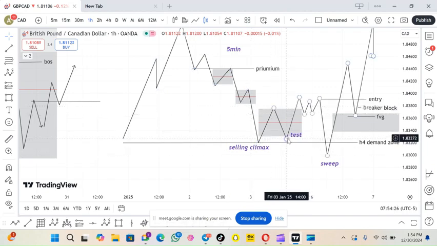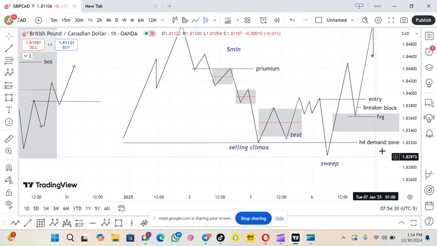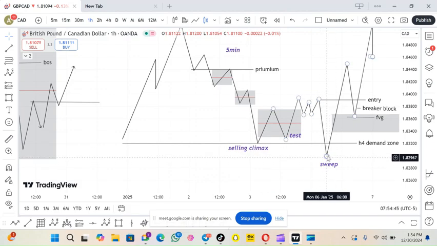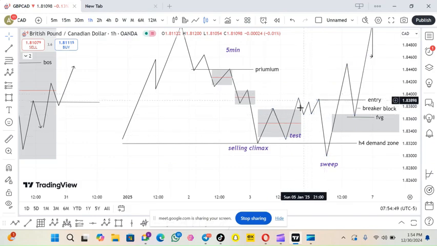Some people entered here because they think we're in 4 hours demand. So the people that entered here to buy, thinking it's 4 hours demand, and the people that entered here to sell, thinking that we're in a premium, both of them will be taken out. Then the next sudden move will be the one that breaks the structure that was formed around this area.